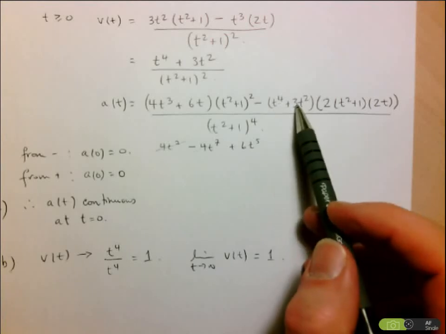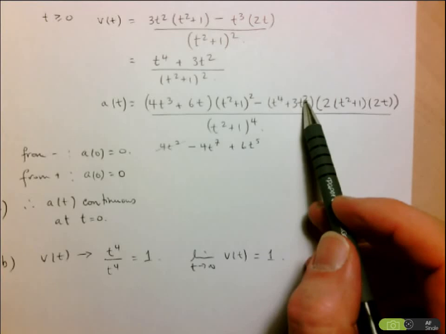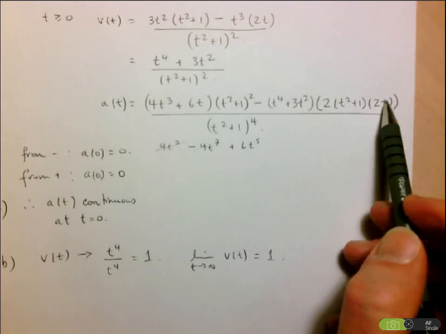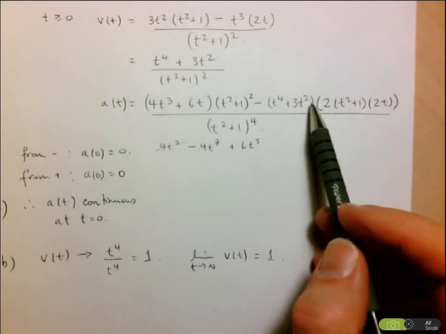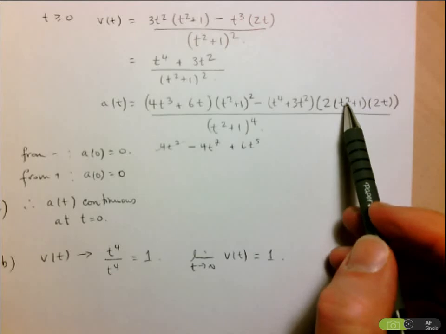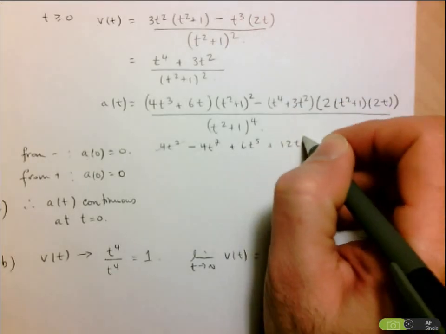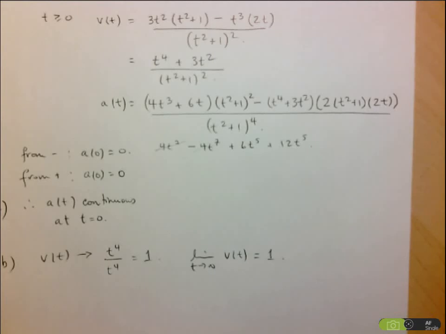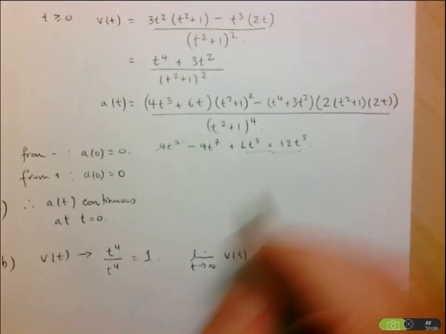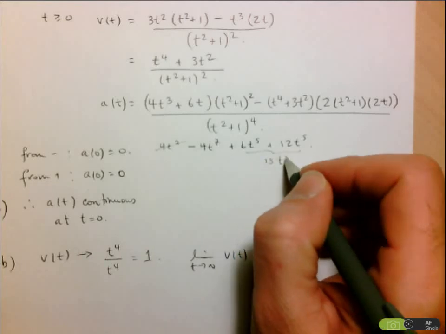Here we have a 3t squared and it looks like a 4t, so that's 12t cubed times a t squared. So that's plus 12t to the 5th. So our highest term in t to the 5th is 18t to the 5th.